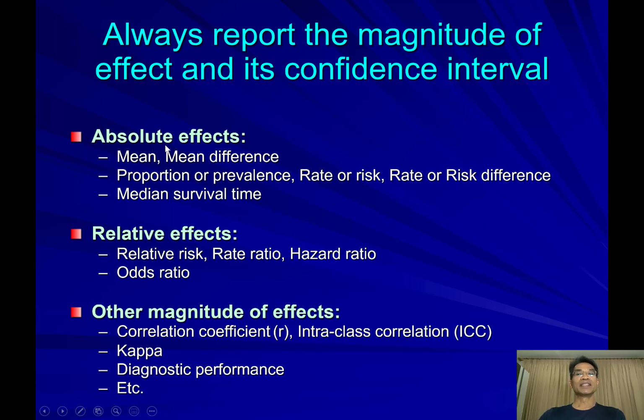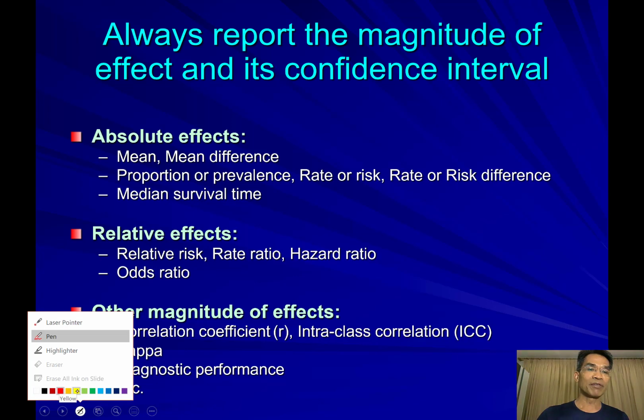Sometimes we report absolute effect like mean or mean difference, proportion or proportion difference, or risk difference, or median survival times. Sometimes we report relative effect like relative risk, rate ratio, hazard ratio, odds ratio. I would write something here just to allow you to understand more clearly.